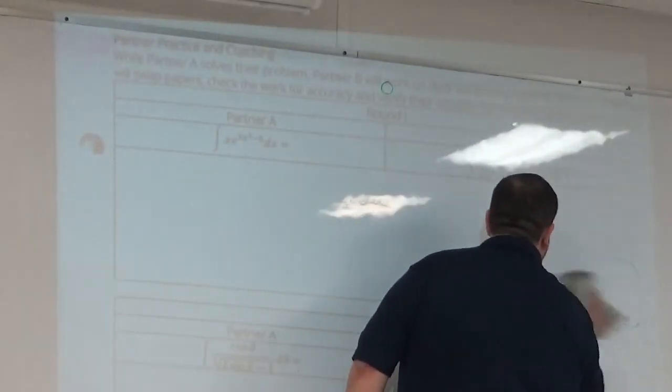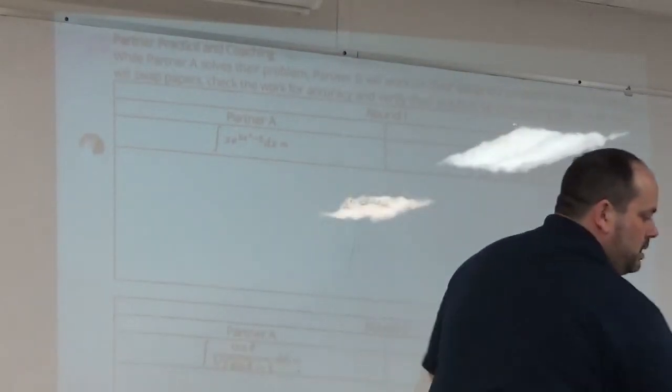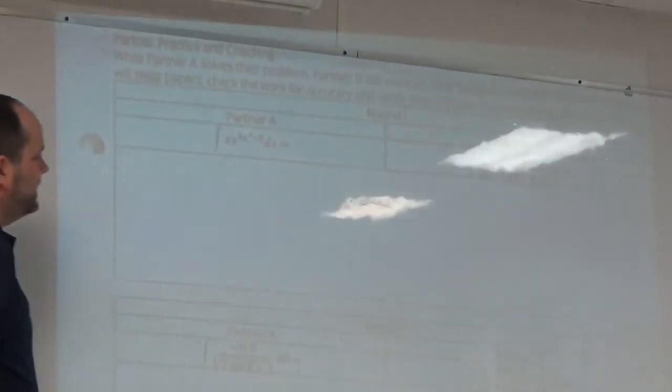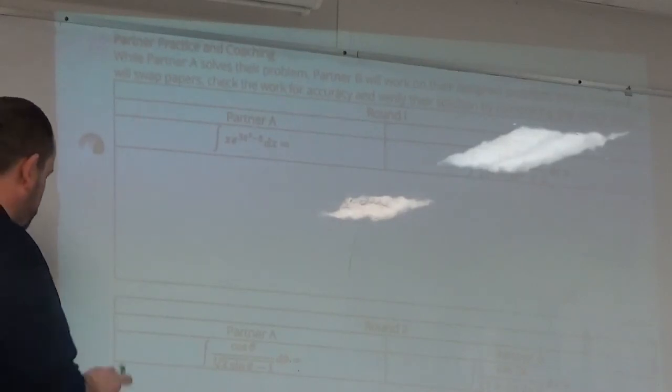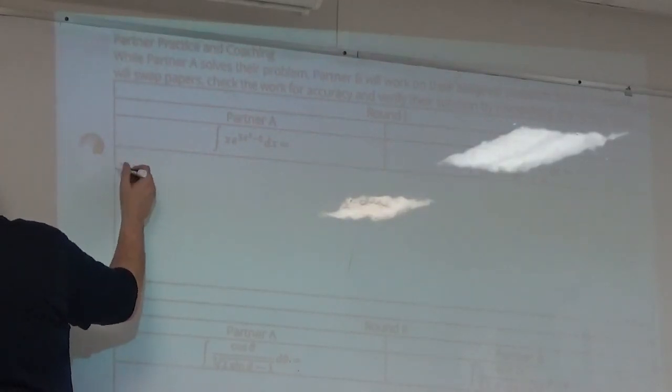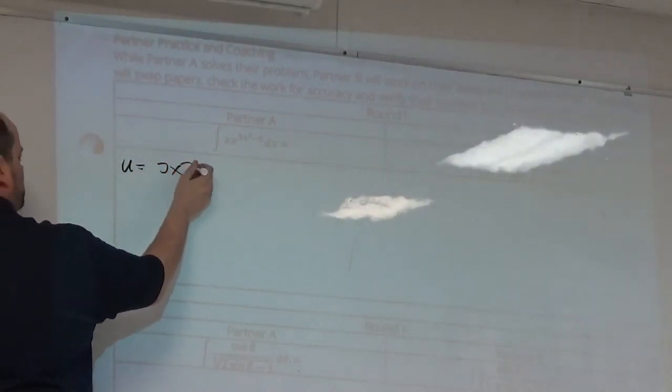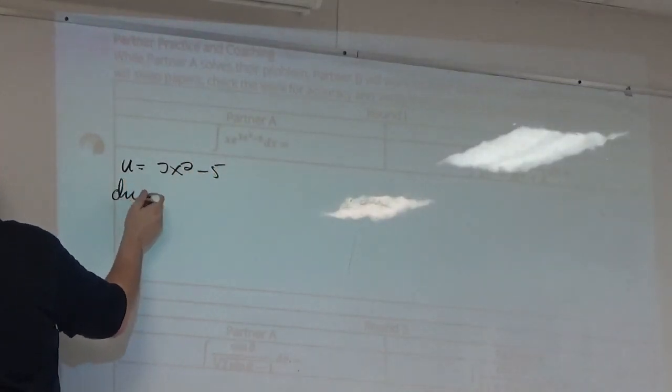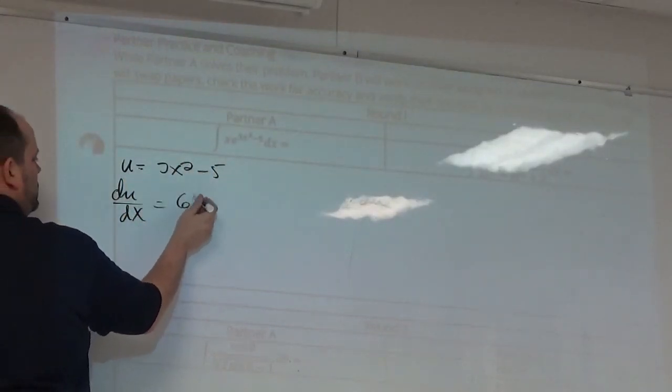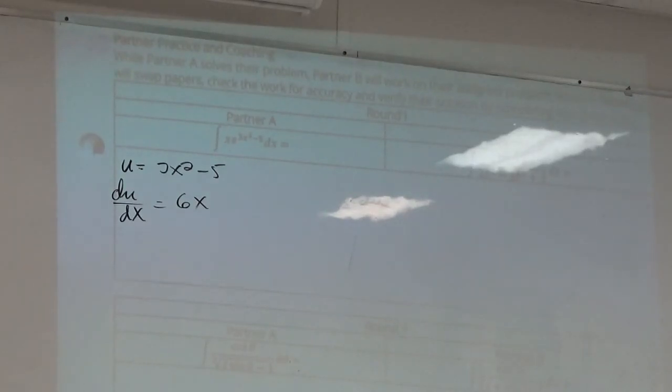And you find the derivative, so you get this, right? All right, little nudge for partner A if you're still stuck. So u is going to be 3x squared minus 5. du is going to be 6x.